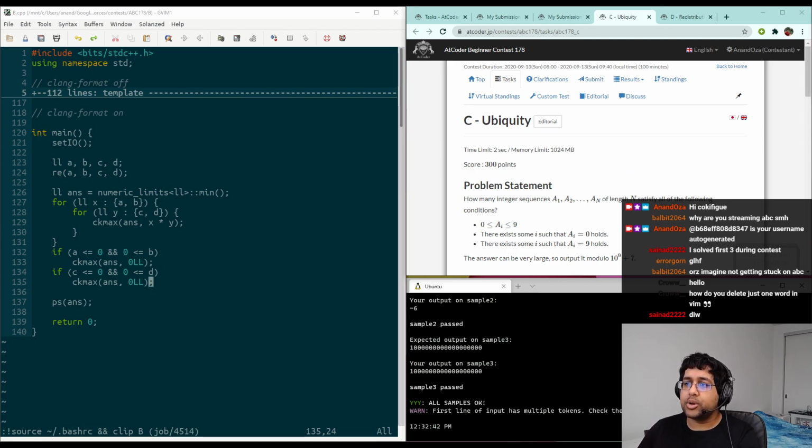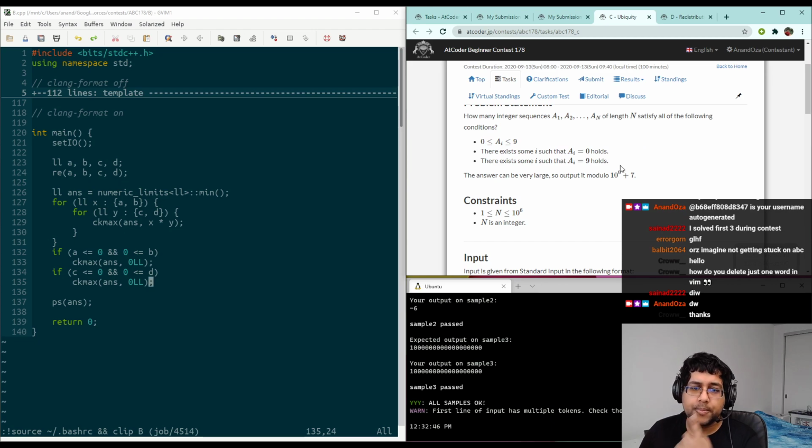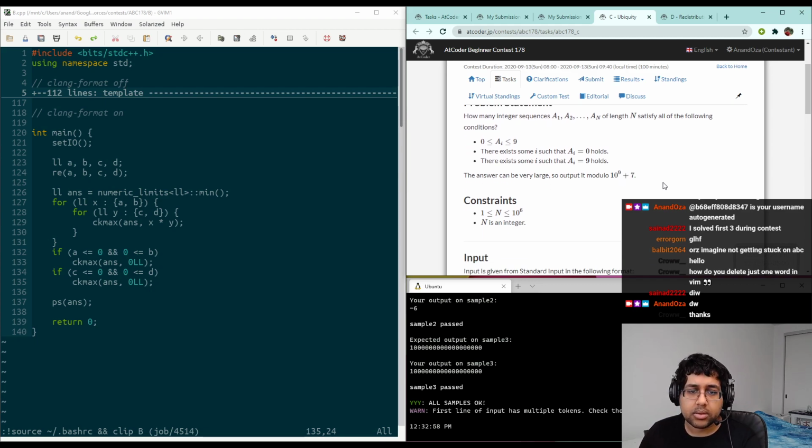Yeah, delete one word would just be DW. How many integer sequences? Oh, maybe DIW is the current word? I don't know. I'll have to learn that. Okay. So these are basically just digits, and we need at least one 0 and at least one 9.